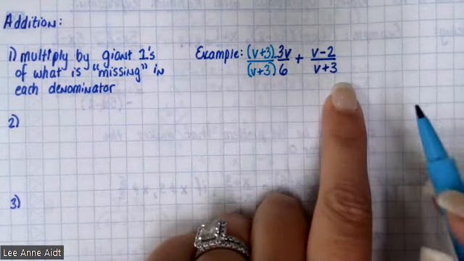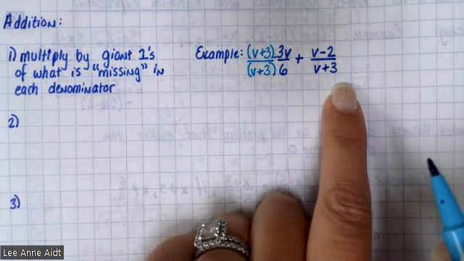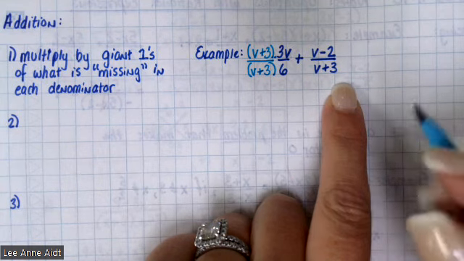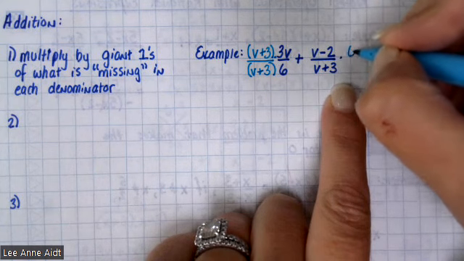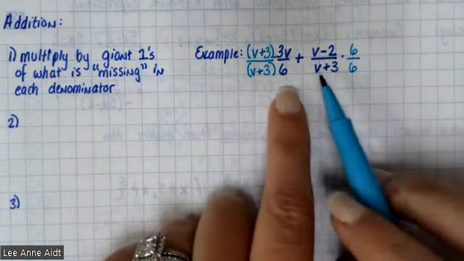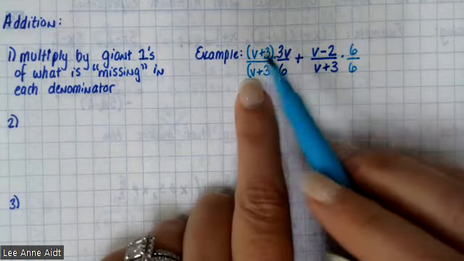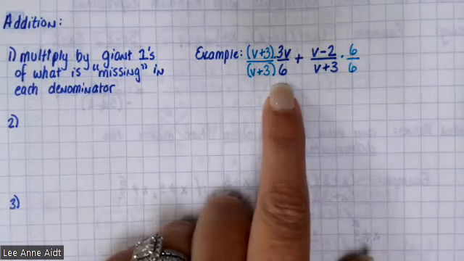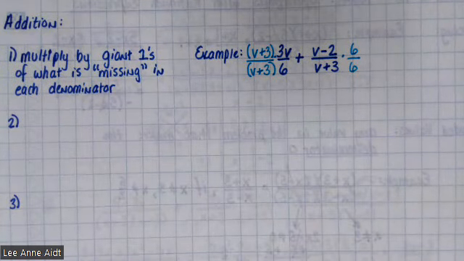What does this side need? Six. This is how a lot of these problems work. So this side you'll multiply by that thing. This side you'll multiply by that thing a lot of times. Okay.